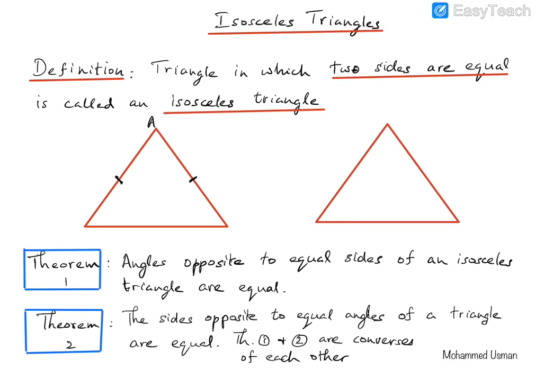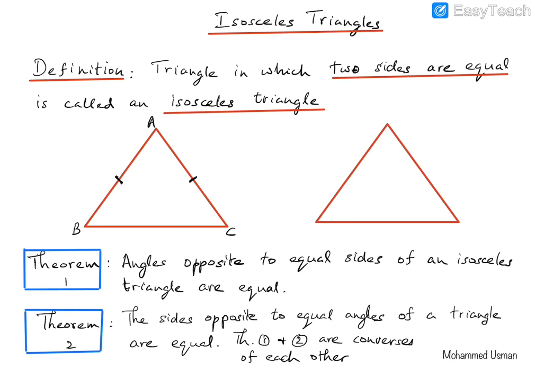So we have a triangle here, A, B, C. In triangle ABC, the length of AB and the length of AC is the same. So we have two sides of the same length. And what the first theorem says is, if two sides are equal, then the triangle is an isosceles triangle, and in this case the angles opposite to the equal sides are also equal.